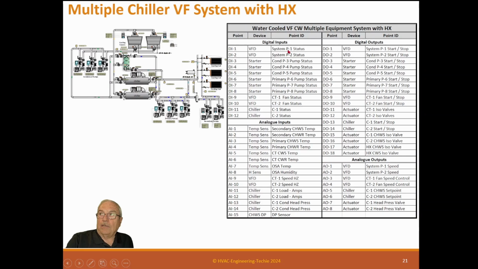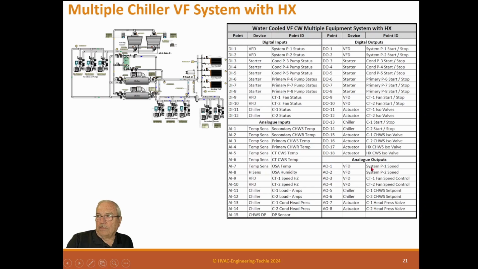Digital inputs, okay: P1, P2 status, P3, P4, P5 status, primary P6, P7, P8 status, cooling tower 1, 2 status, chiller 1 and 2 status. Analog inputs: secondary chill water supply temperature, secondary return temperature, primary chill water supply temperature, primary chill water return temperature, condenser water supply temperature, condenser water return temperature, outside air temperature, outside humidity, cooling tower 1 fan speed, cooling tower 2 fan speed, C1 chiller amps, C2 chiller amps, C1 condenser head pressure, C2 condenser head pressure, and differential pressure sensor.